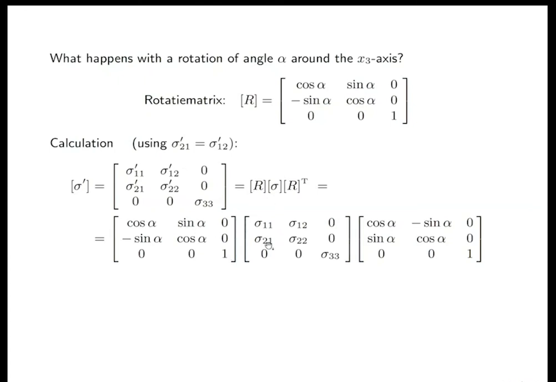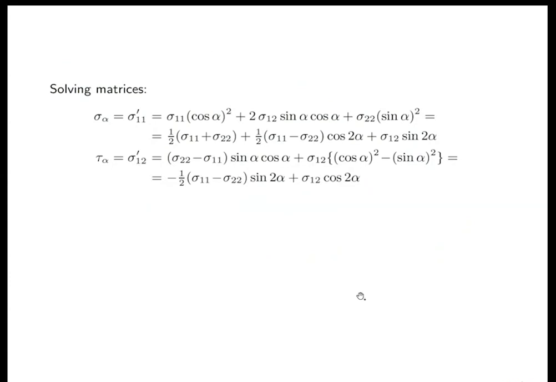This is the lengthy notation, and all these calculations, matrix multiplication, you have to carry out. And if you do this, you get sigma, the normal stress for the direction alpha, and tau, the shear stress, in the direction of rotation around alpha.